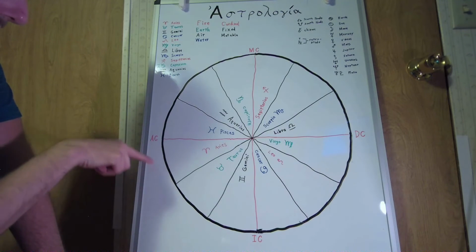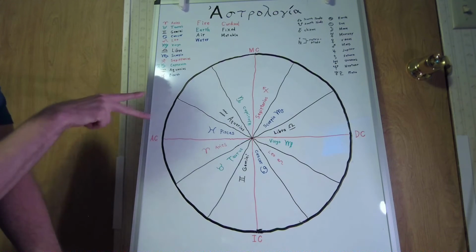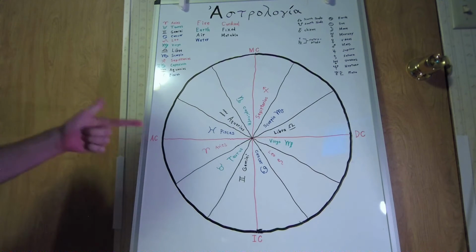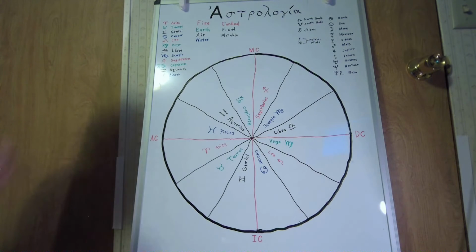So one sign will be here, then another sign, then another sign. So whatever sign is at this location, your ascendant, the eastern horizon, whatever sign is there when you're born, that is your ascendant sign, or your rising sign. And your ascendant is your outward image and the way others first perceive you.